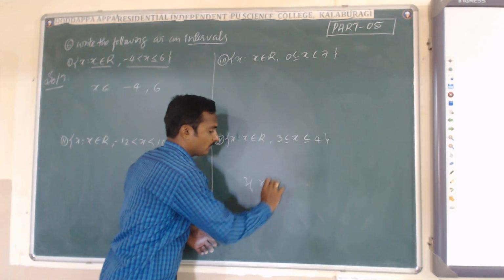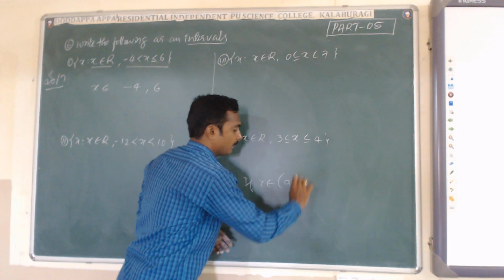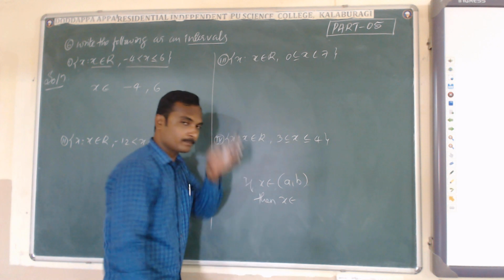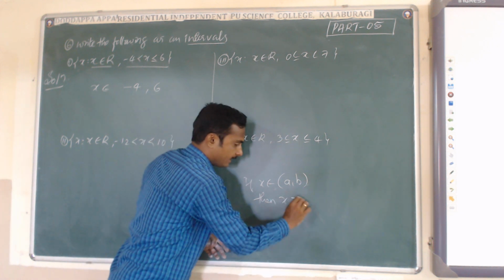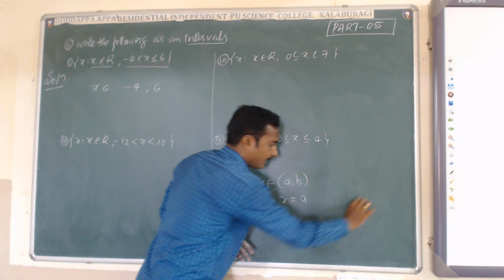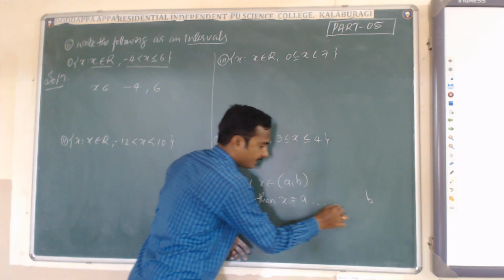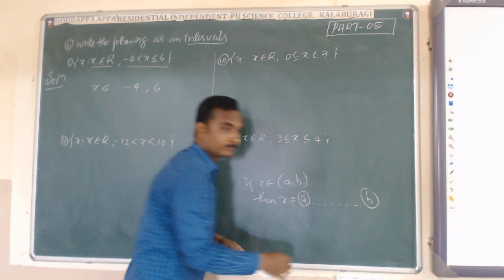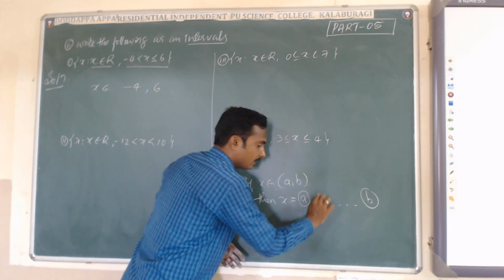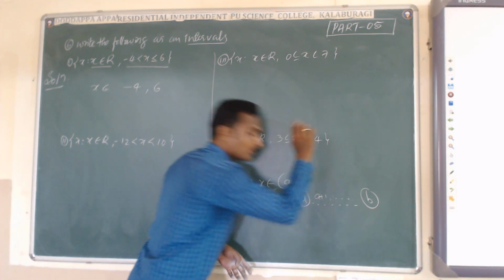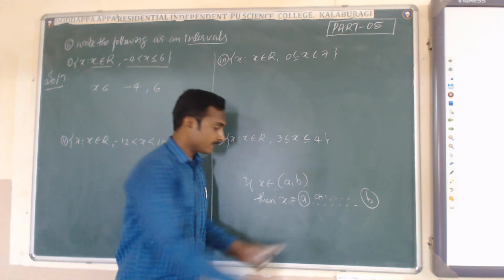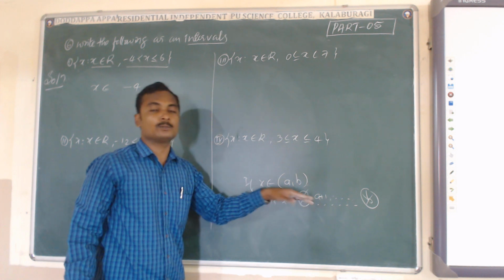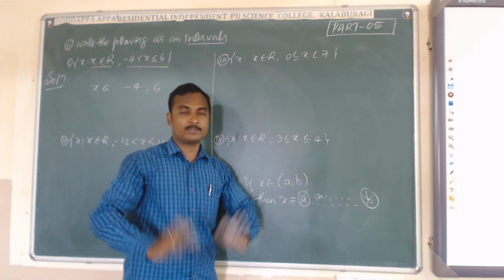If x belongs to the open interval (a, b), then x can take any value between a and b except a and b. It means x may be a plus 1, a plus 2 and so on, but not a or b. x can hold any value between a and b except a and b.